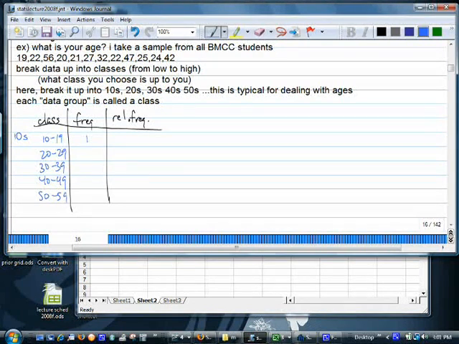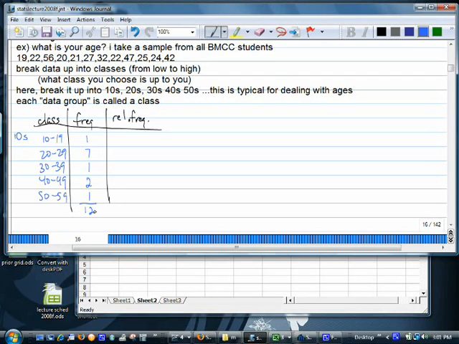Now let's get relative frequencies. What's the relative frequency of the first class? What do we need to do? Yeah. Which gives you 12. So the total is 12. So the relative frequency for the first class is 1 out of 12.